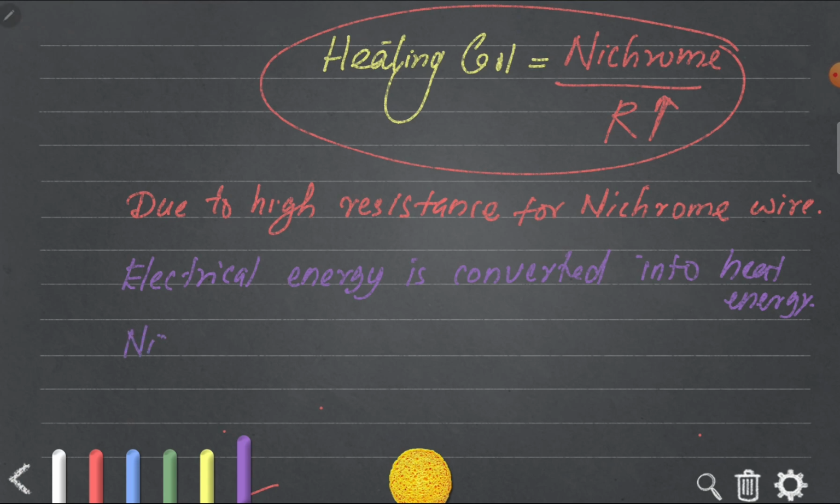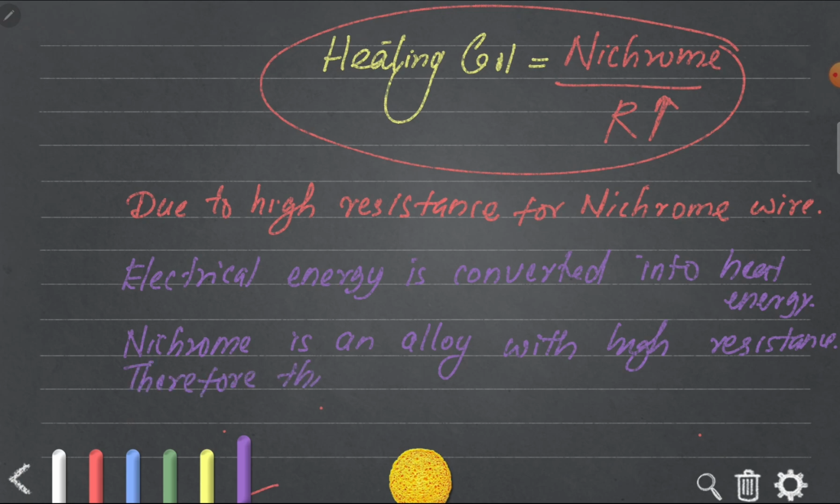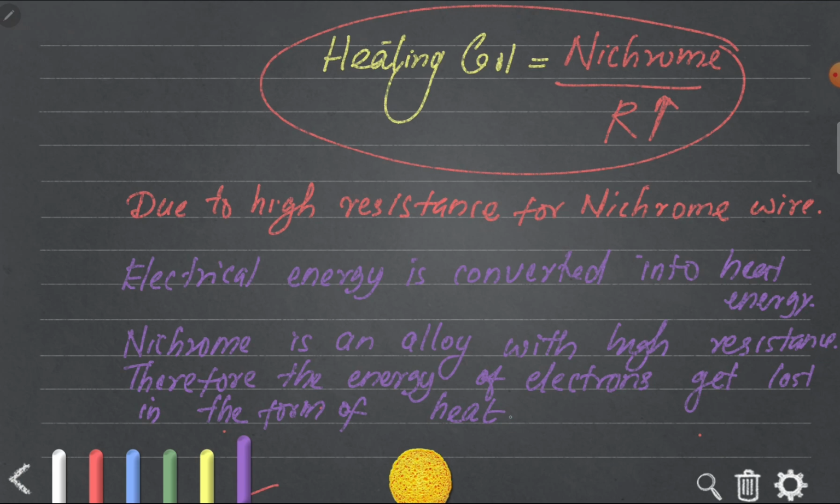Write: Nichrome is an alloy with high resistance. Therefore, the energy of electrons gets lost in the form of heat.